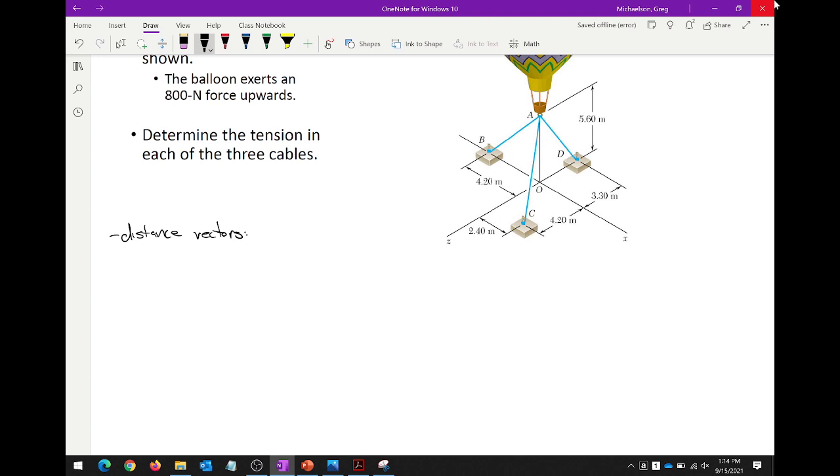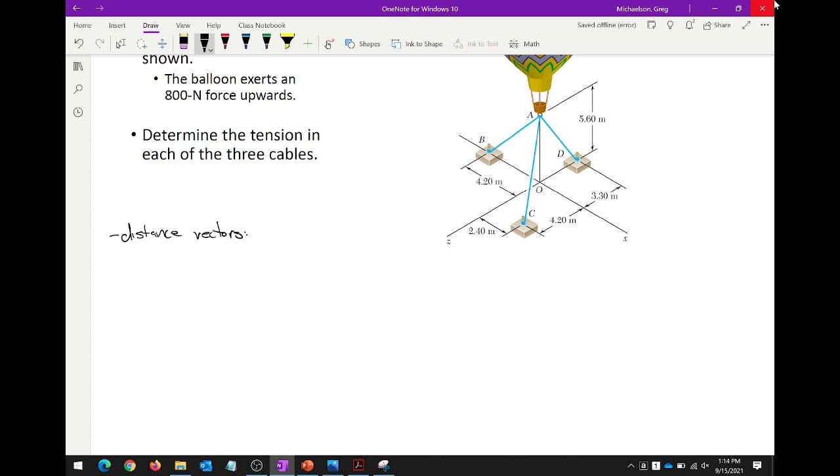That's the step-by-step process: we define the distance vector, then the unit vector, then the force vector. What we're going to do a little differently than last time is sum those forces, and then we're going to have a 3 equations, 3 unknowns type scenario. Plug it into our solver, boom, there's our answer.